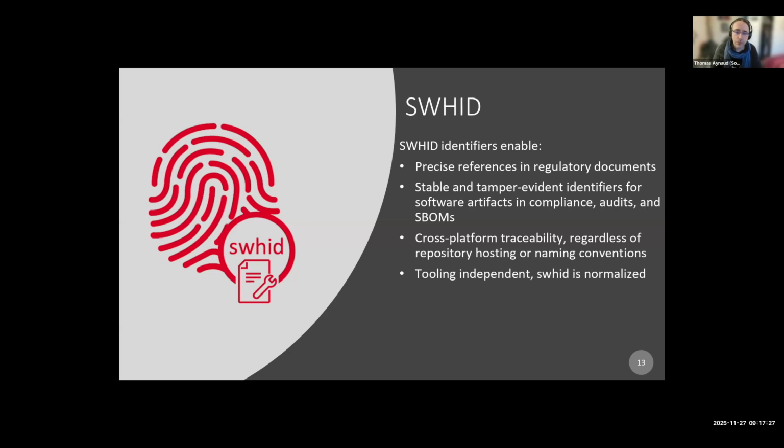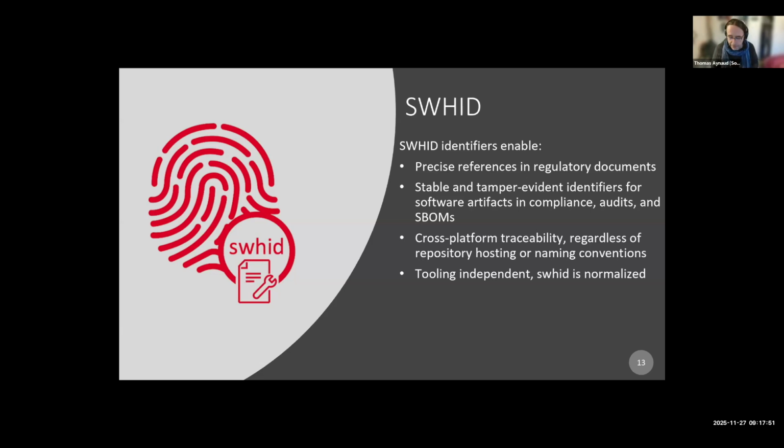You can apply that to almost everything. It does not depend on whether you are on GitHub or on a specific forge. You do not even have to use Git. It doesn't depend on whether you have a big repository or a lot of small ones. Whatever you do, you can compute the SWID, and it's tooling independent.